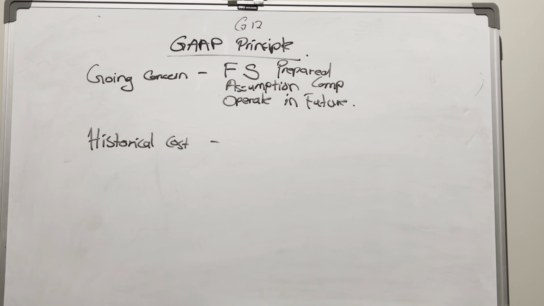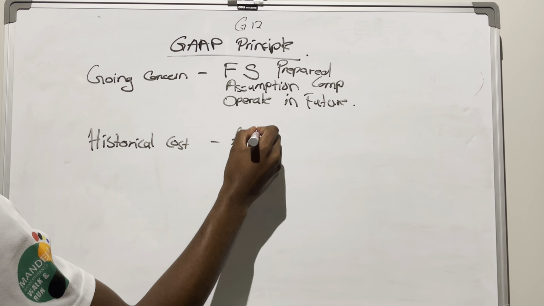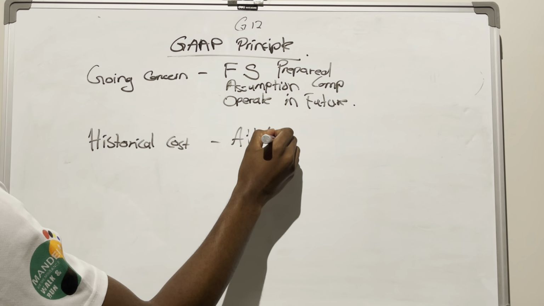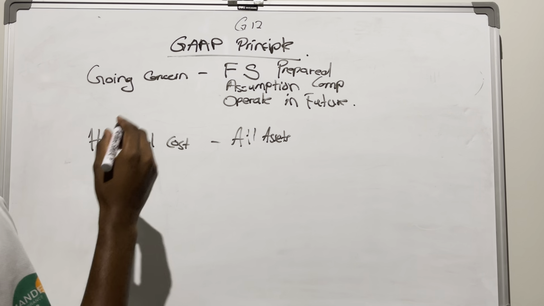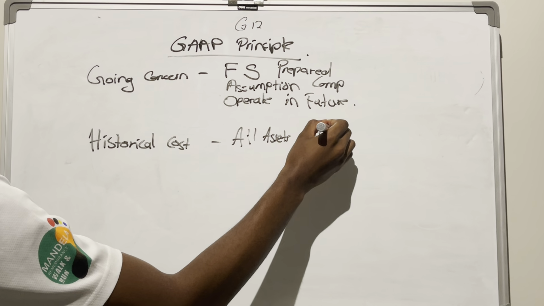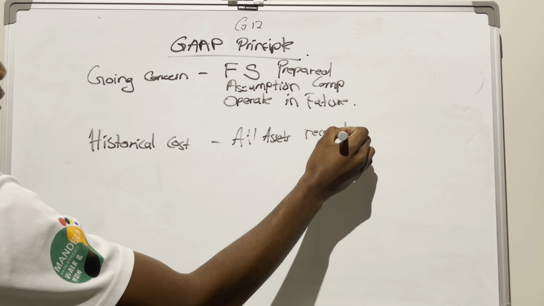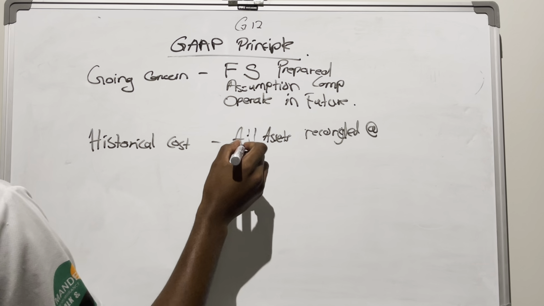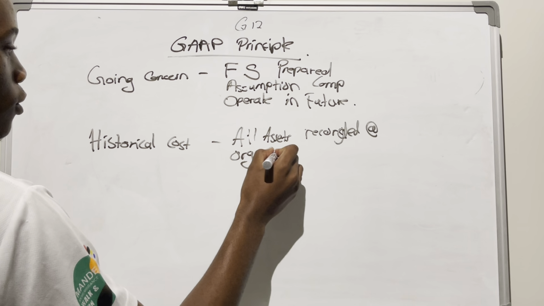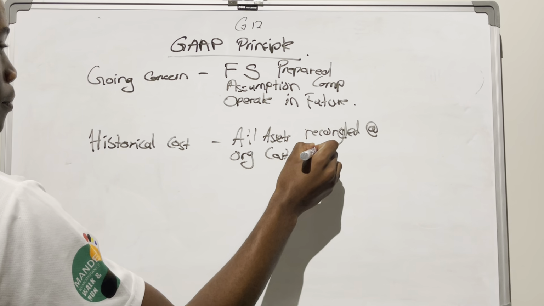What does historical cost say? It says that all assets are recorded at original cost price.